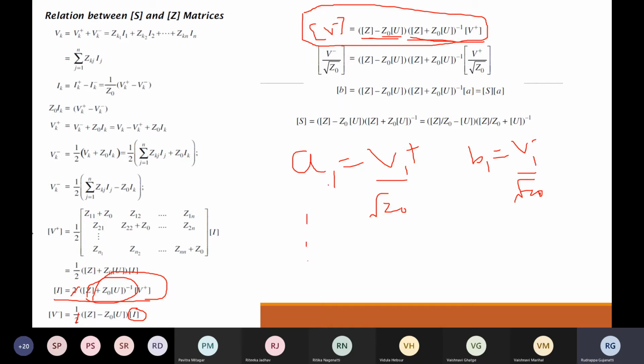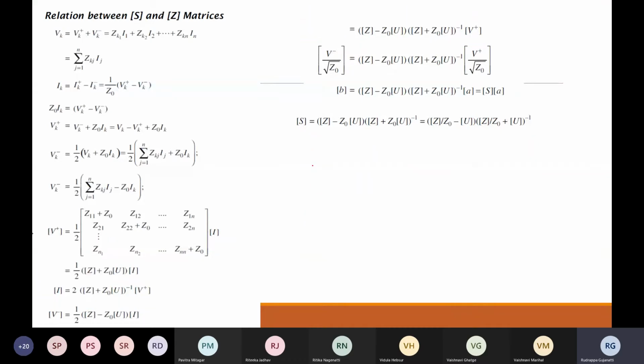So similarly, if I want any of the ports, say if I want some AK, that is at port K, it will be the incident voltage at port K divided by square root of Z0, and for BK it will be the reflected voltage at port K divided by square root of Z0. So this is based on the previous discussions or the previous sessions what we had seen.